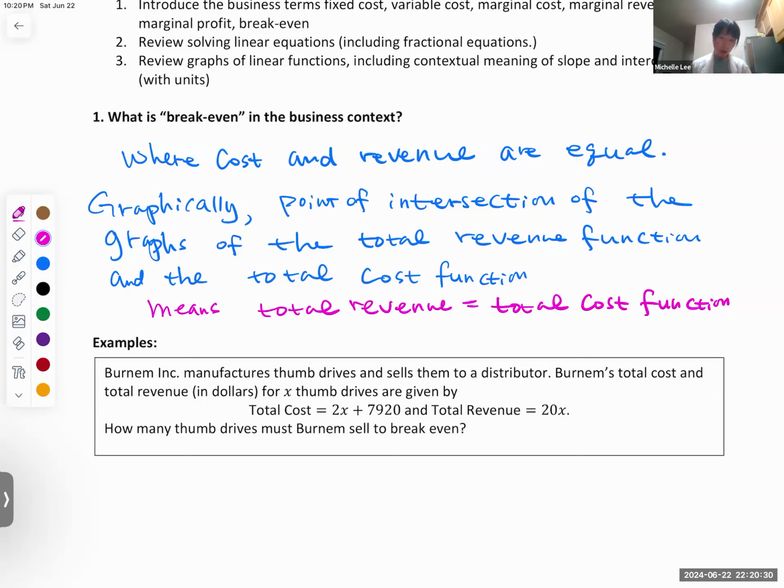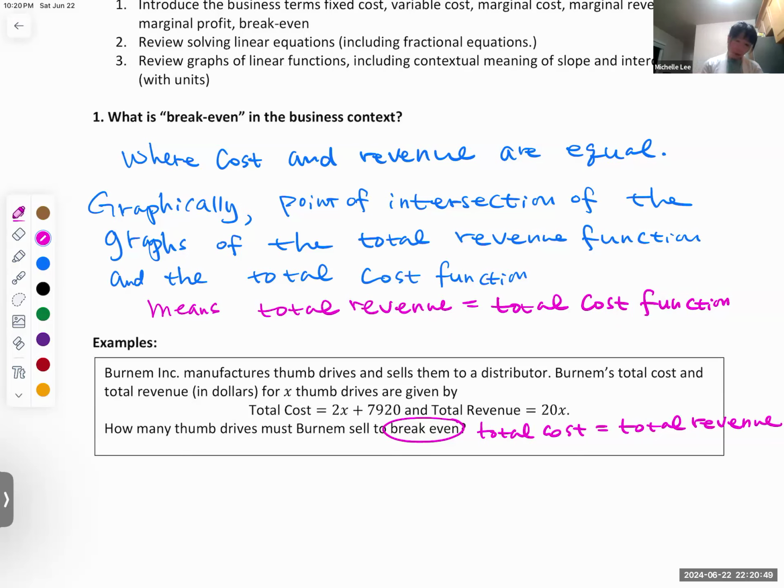algebraically total cost equal to total revenue function. So let me write down. So total cost equal to total revenue, right?